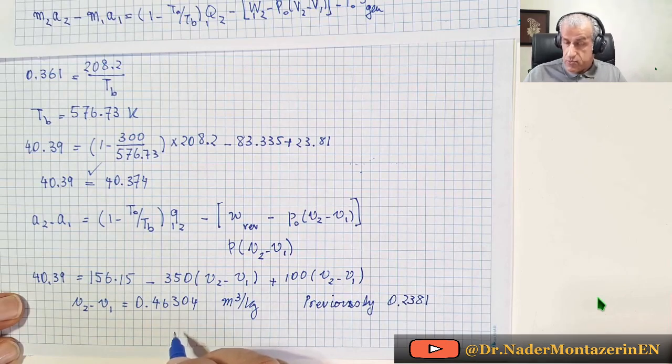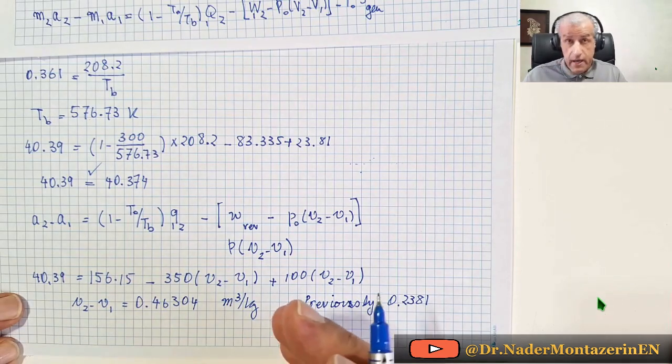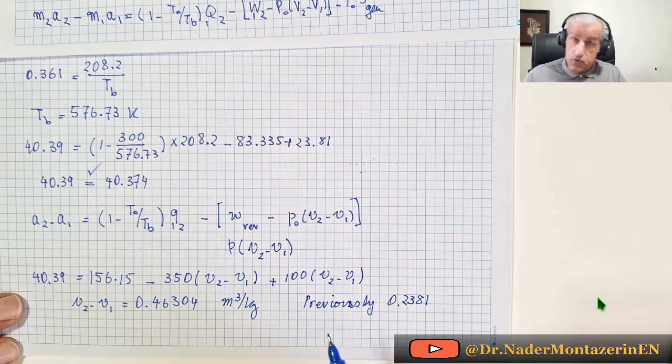Now, the maximum possible work is, of course, more, and therefore the displacement is, of course, more.